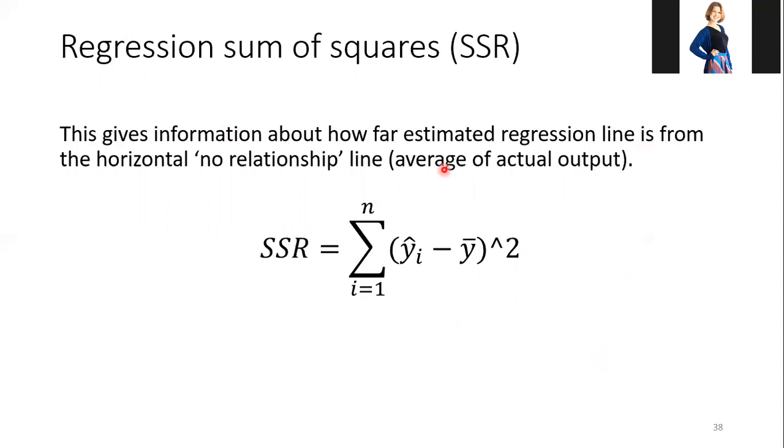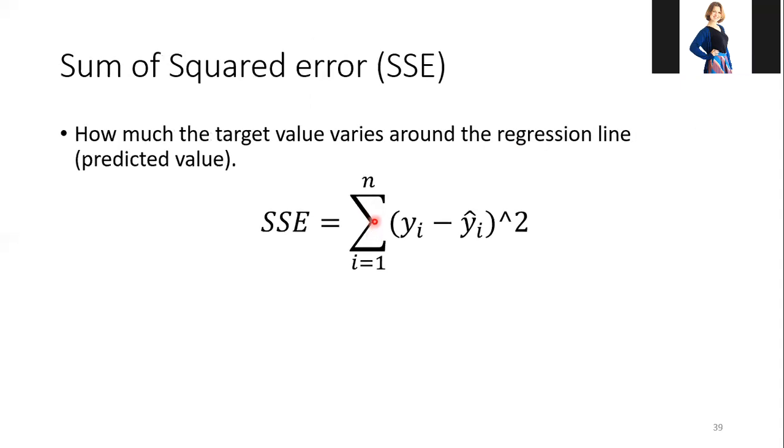When you have no relationship between X and Y, you have a horizontal line, because X varies, but Y does not reflect changes in X. So you may calculate SSR, the distances between the mean value and your predictions. Sum of squared errors is your total error of prediction. You've seen it before: the difference between the real value and the predicted.